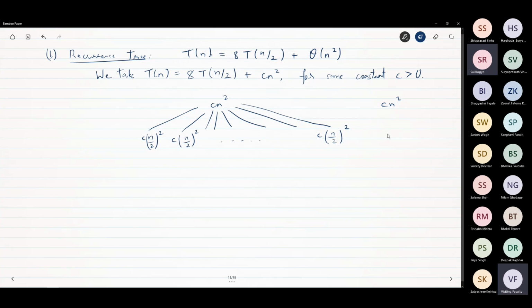Very good. So this is the cost here. Then, next line, you don't need to draw the whole diagram, you only need to draw it for one. You know that it is 8 times getting copied. So 1, 2, 3, 4, 8. What is the term coming here? c times n by 4 square, and 8 times.